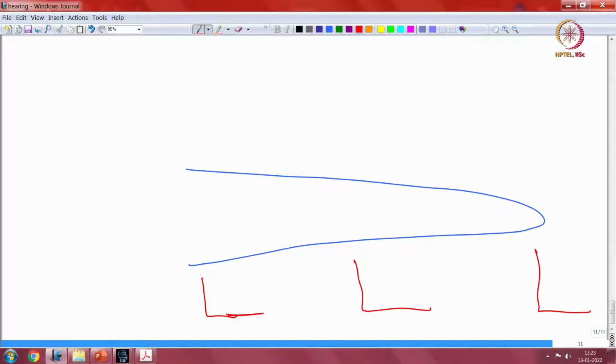This is the amplitude of the basilar membrane, amplitude of the basilar membrane and amplitude of the basilar membrane, and this should be a time series.